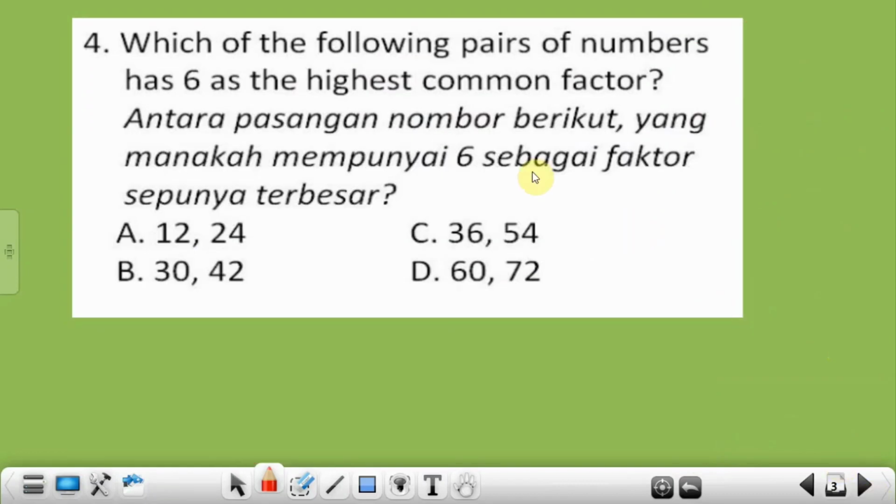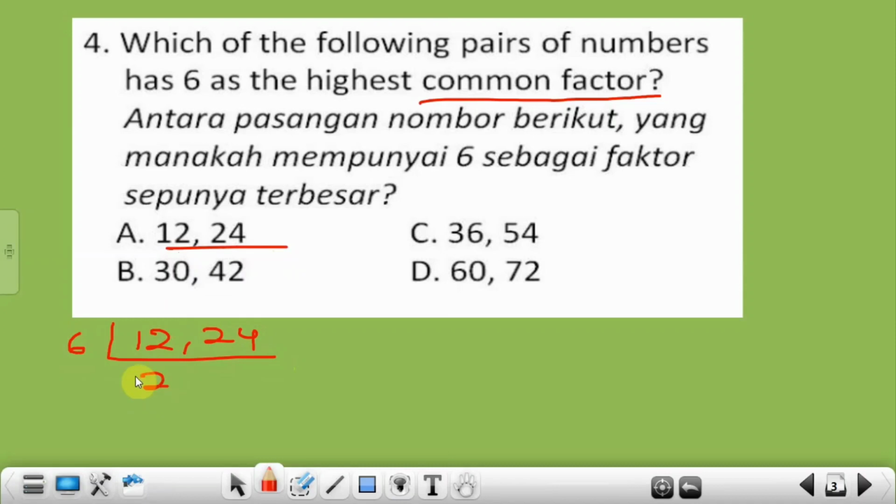Okay, next. Which of the following pairs of numbers has 6 as the highest common factor? 6 adalah common factor yang terbesar. So let's check if it's a common factor. How do we do this? You take this pair, 12 and 24, and you divide it by 6.